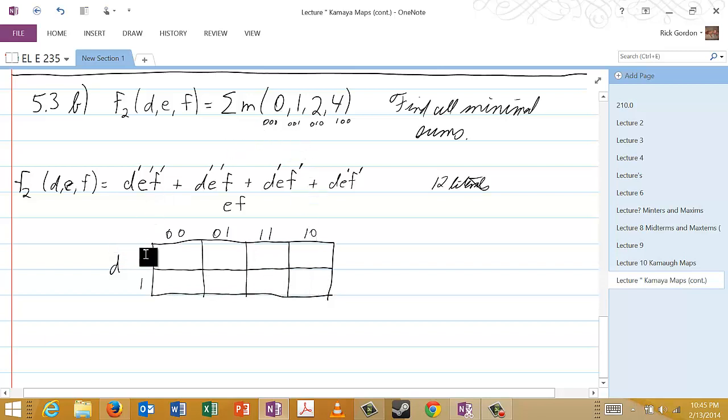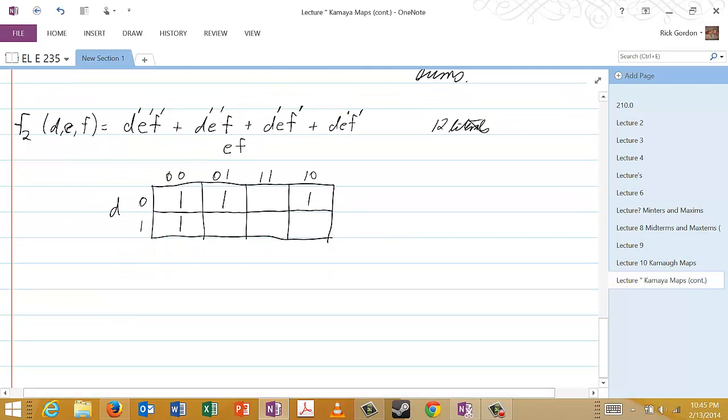So 0 is this first cell, 1, 2, we don't have 3, but we do have 4. And that will be the Karnaugh map for the function f2.